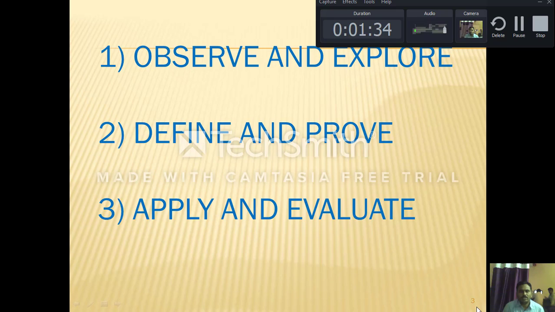The study of this chapter is divided into three parts. First, observe and explore. Second, define and prove. And third, apply and evaluate.